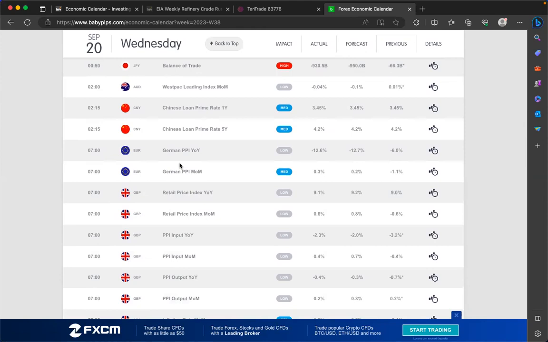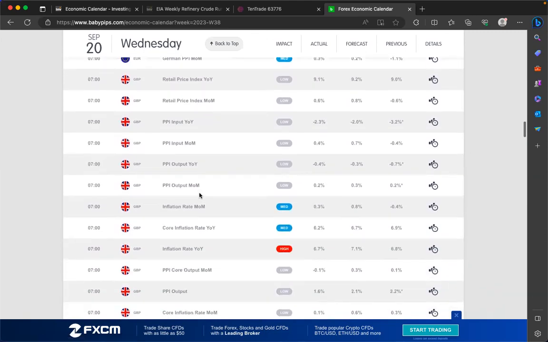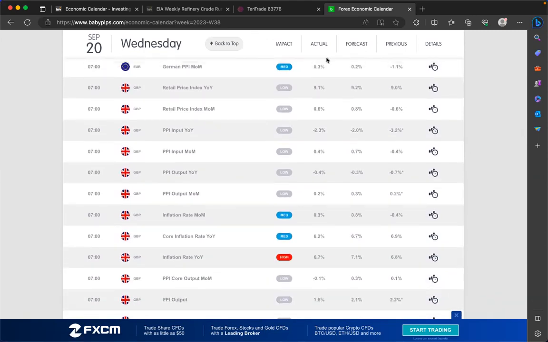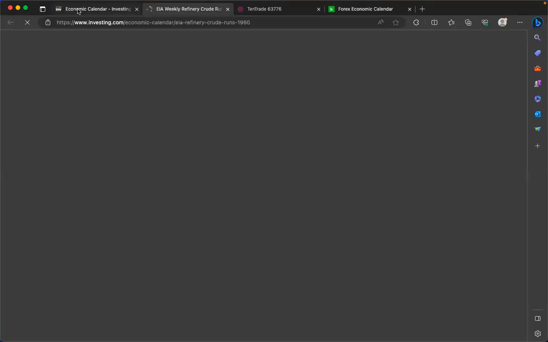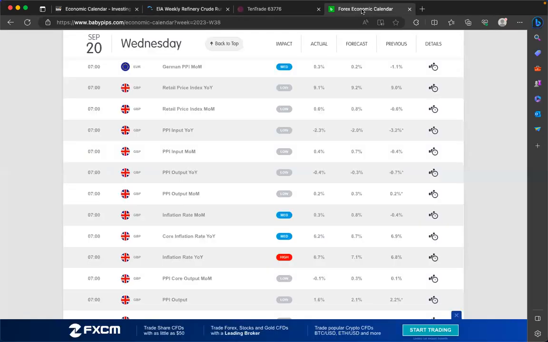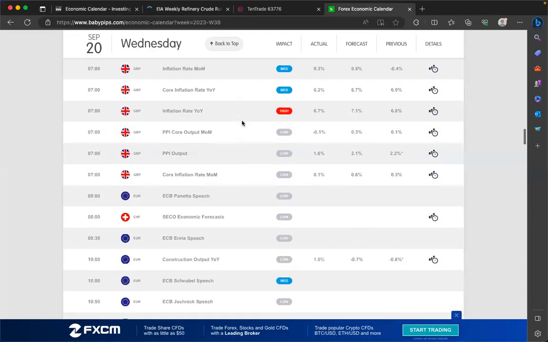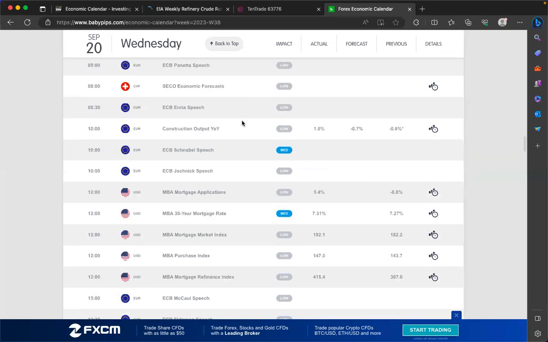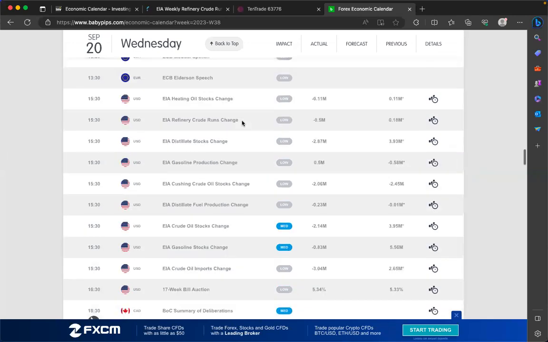Why do you not put in USD there? By 7, they are putting GBP. I'm not going to make a mistake. I didn't make a mistake now. This is USD now. What's Babypips doing? Oh, that was in the morning.